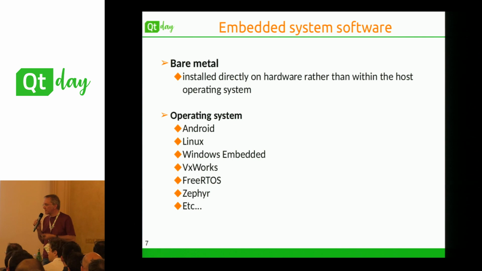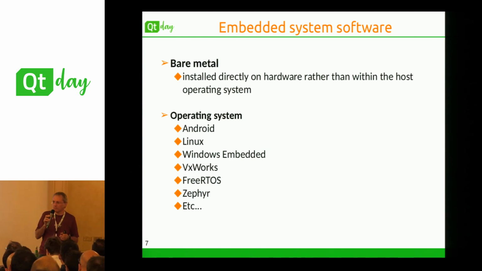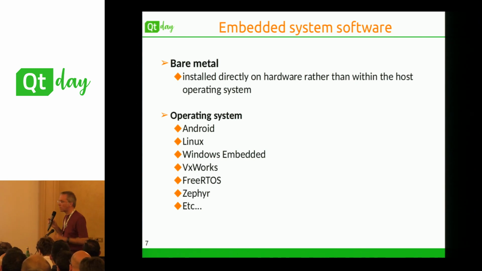With an operating system, there are several possibilities. Some of them are supported by Qt, for example Android, Linux, Windows Embedded, and as far as I know, VxWorks and QNX, probably. Correct me if I'm wrong, sorry.